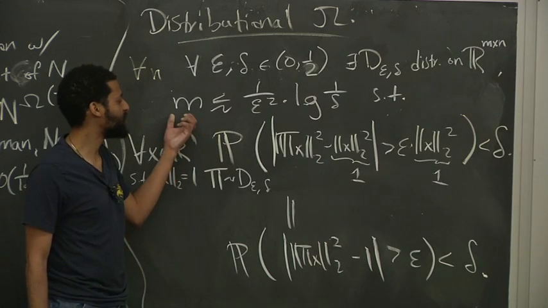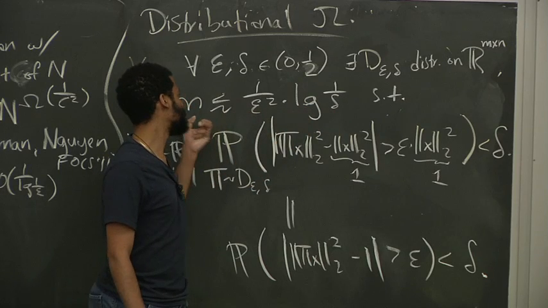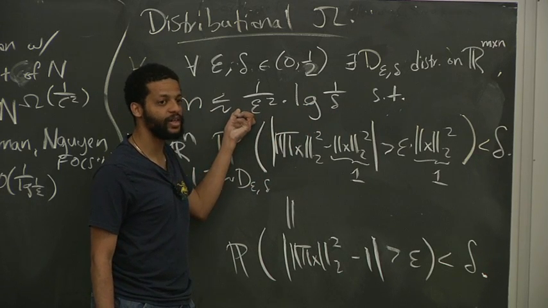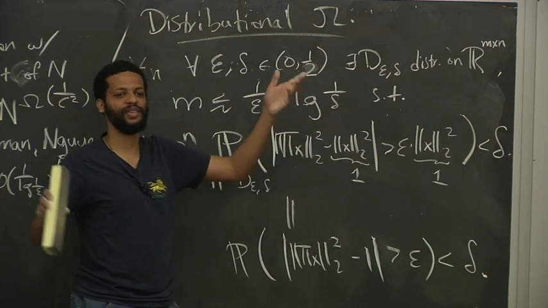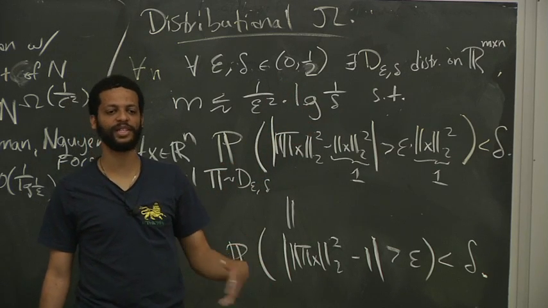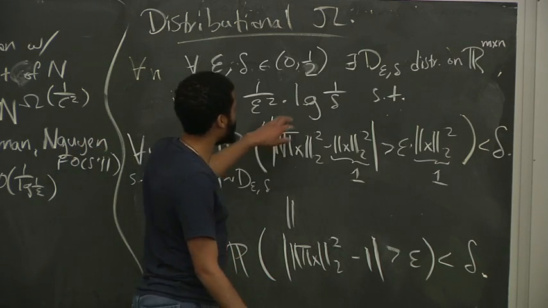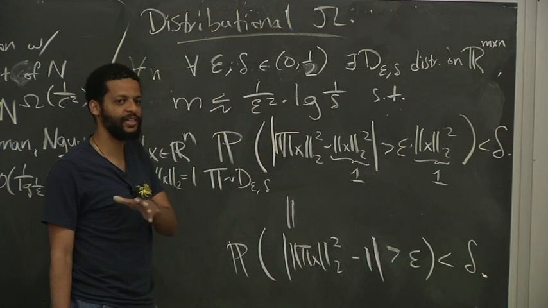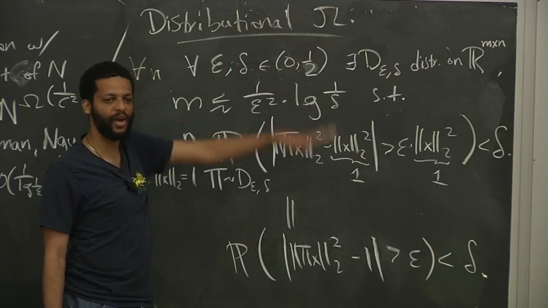If you want to use Chebyshev's inequality and get failure probability delta, it's going to force you to set m to be something like 1 over epsilon squared times 1 over delta. This is going back to even lecture 1, lecture 2, when we were doing Morris plus, etc. Right? And the way that you can get log 1 over delta is, back in the streaming world, get failure probability 1/3, do lots of these in parallel, and take the median.